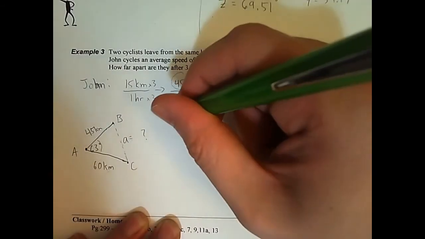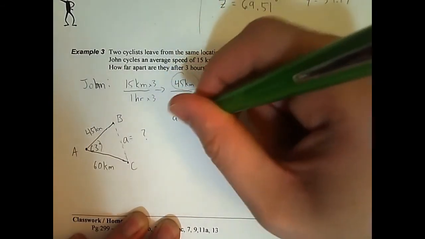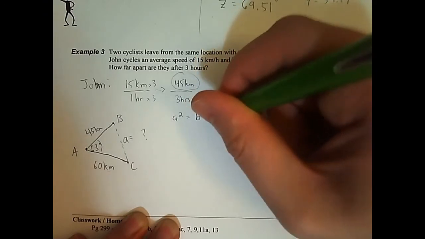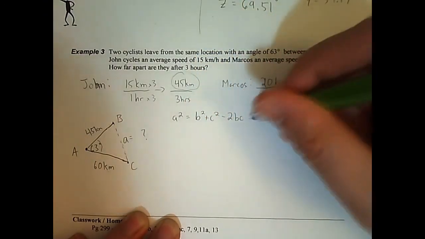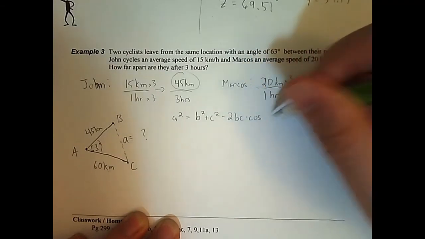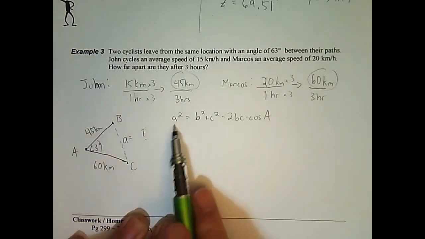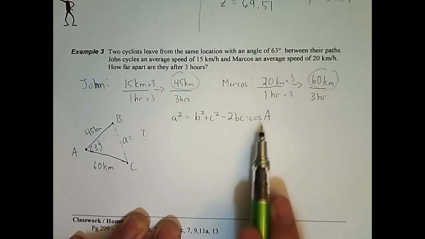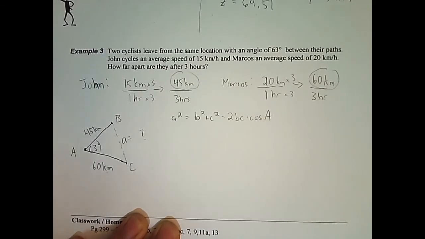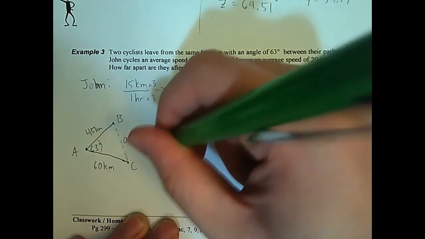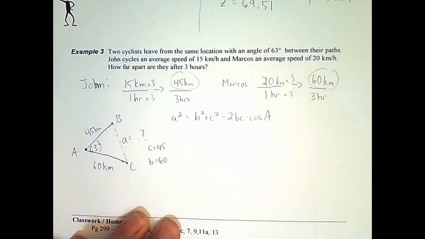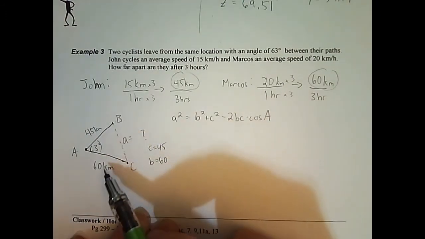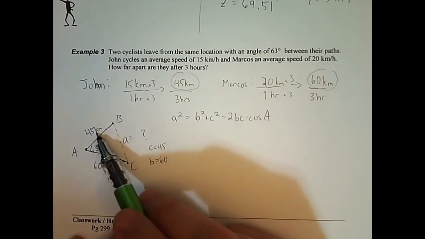So our side length equation we said is a squared is equal to b squared plus c squared minus 2bc times the cos of A. Again, A on both sides. Side here, angle here. And then we know our different values. We said that c is equal to 45, b is equal to 60 based on our triangle diagram.